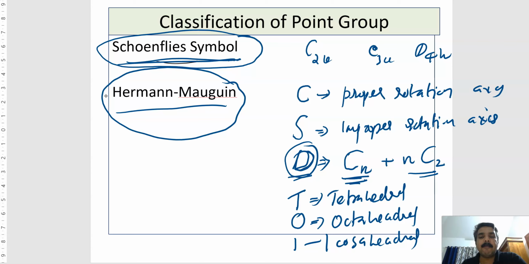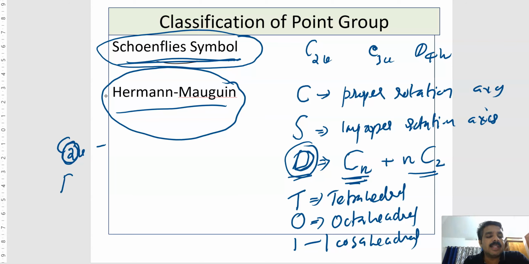Okay, and the number in the point group, you may see symbols like C2v, and that 2 indicates the highest order rotation axis. In this case, C2v means the second order rotation axis is the principal axis.